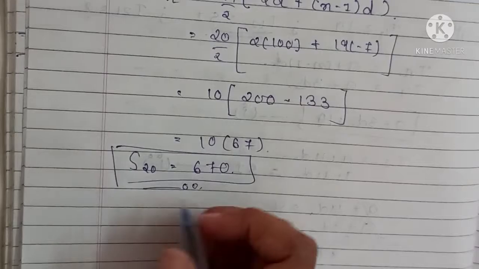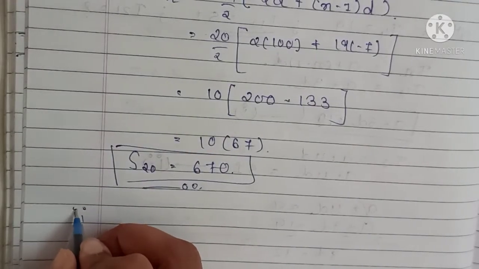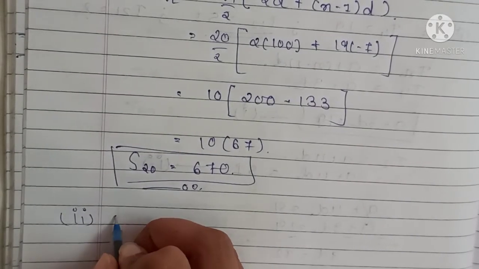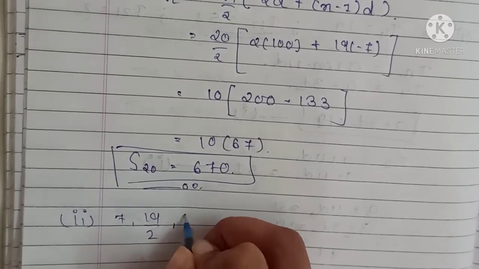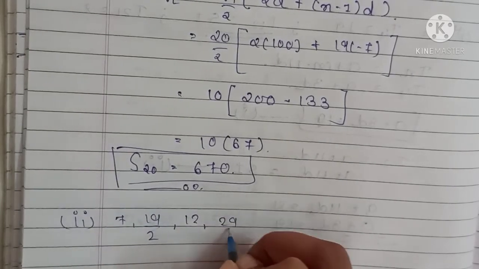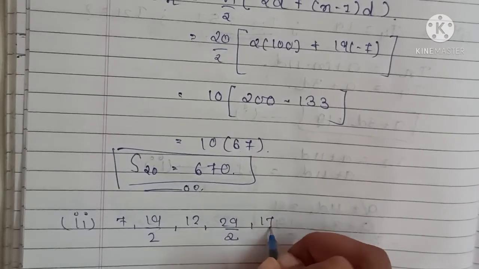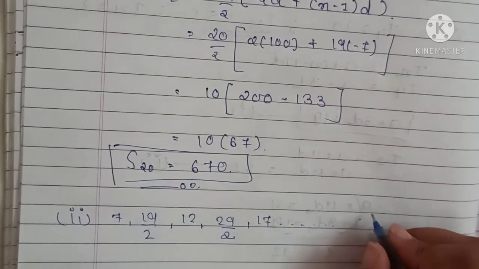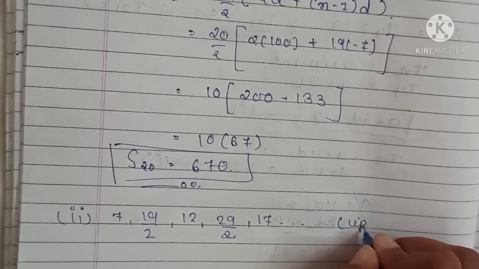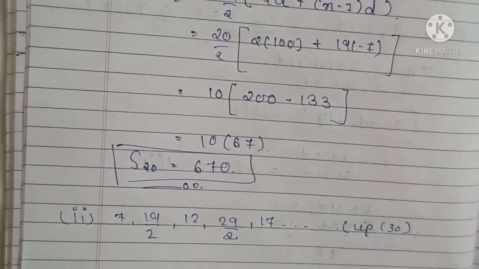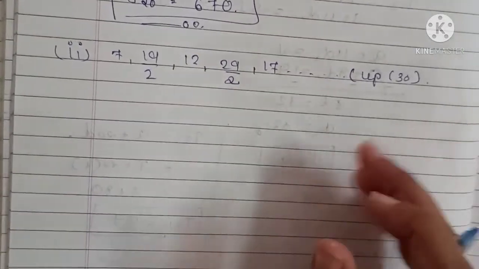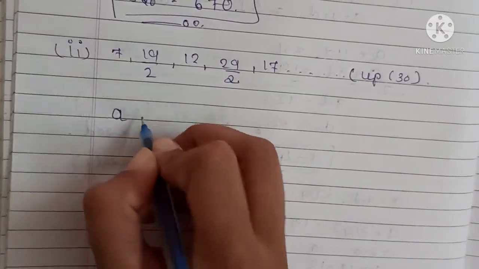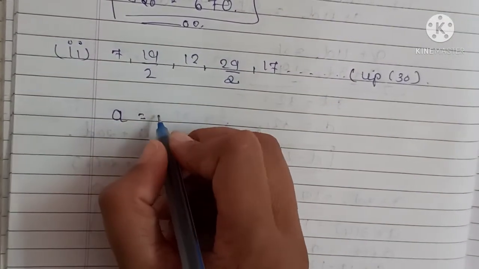In the same way we are going to solve the second series, that is 7, 19 by 2, 12, 29 by 2 and 17, up to the 38th term. Right? A is equal to 7.